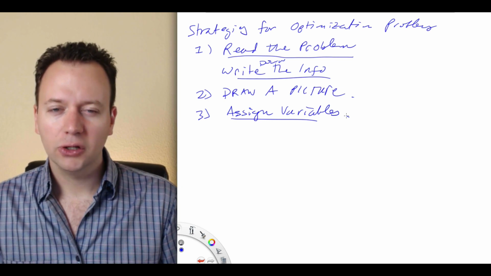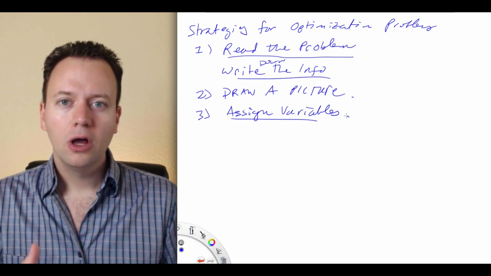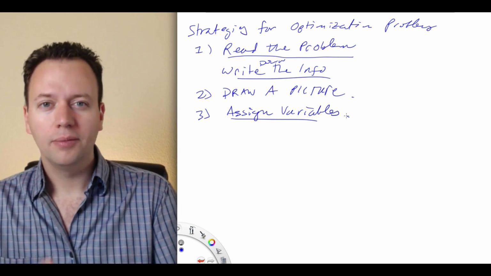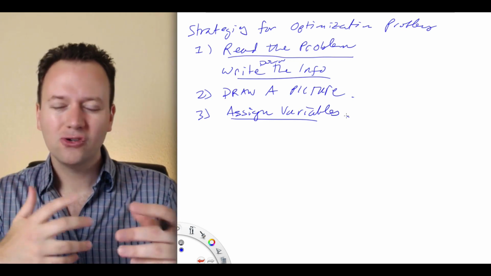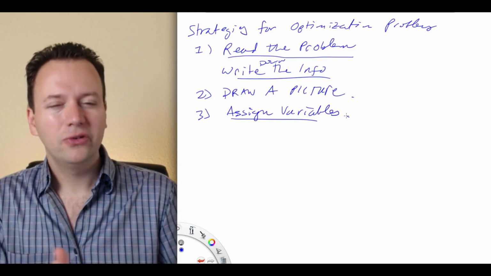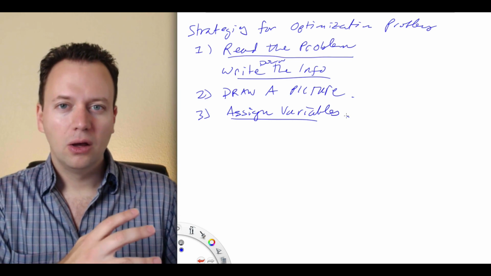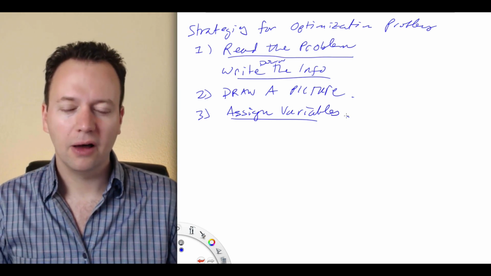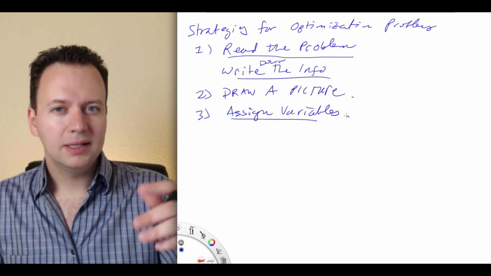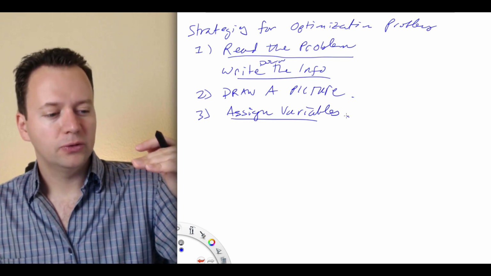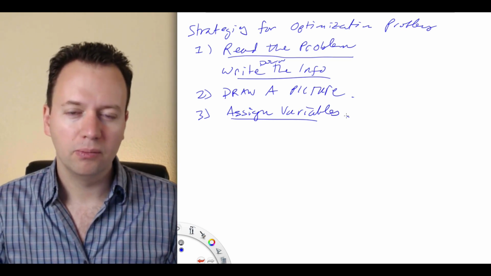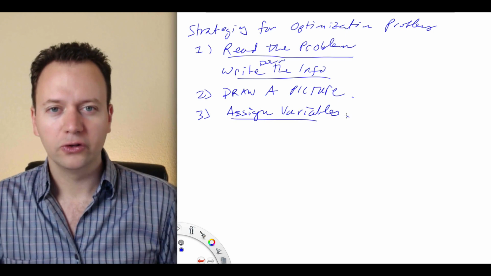Because I see this a lot in Calc 1 and Calc 2 where students will start a problem. They have some variables in their mind, especially when problems get complicated. In particular, I'm thinking about some of the volume and work problems from Calculus 2 where you might say, okay, X is the distance between the water level and the top of a swimming pool, or some depth beneath the surface.